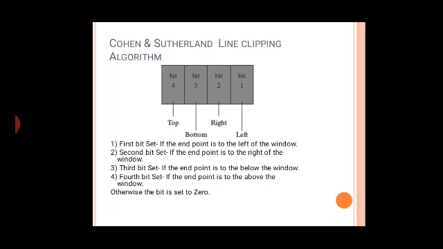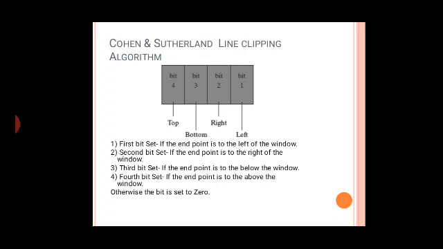The first bit is set if the endpoint of a line is to the left of the clipping window; at that point this bit is set to 1. The second bit is set if the endpoint of a line is to the right of the window.